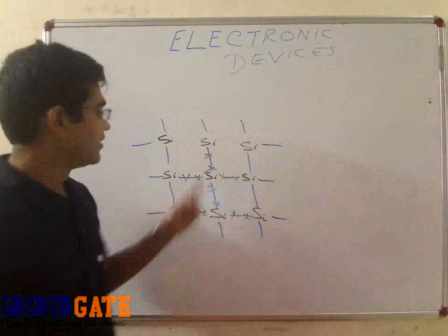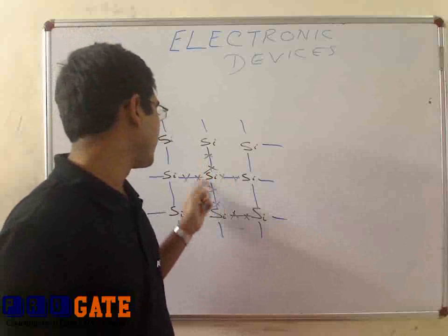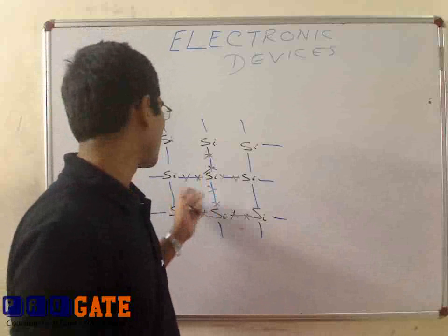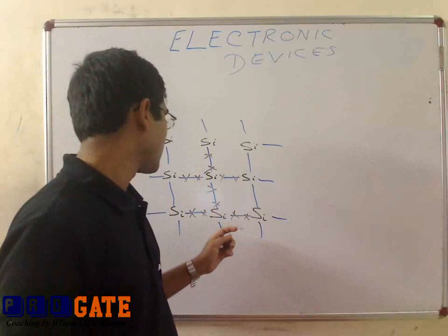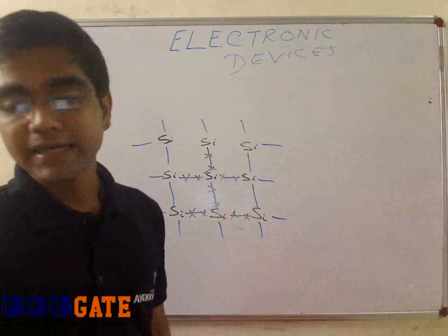We see this silicon has 4 electrons of its own: 1, 2, 3, 4. It gets 4 electrons from the neighboring 4 atoms: 1, 2, 3, 4. And thereby it completes its octet.